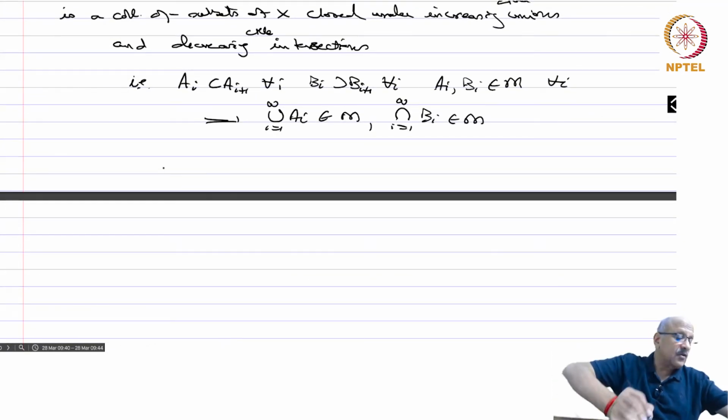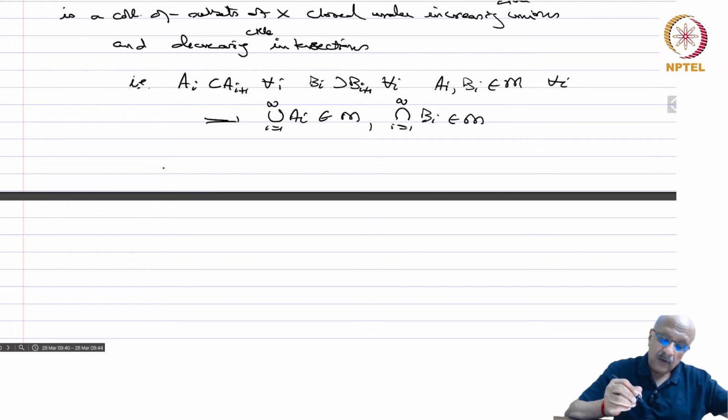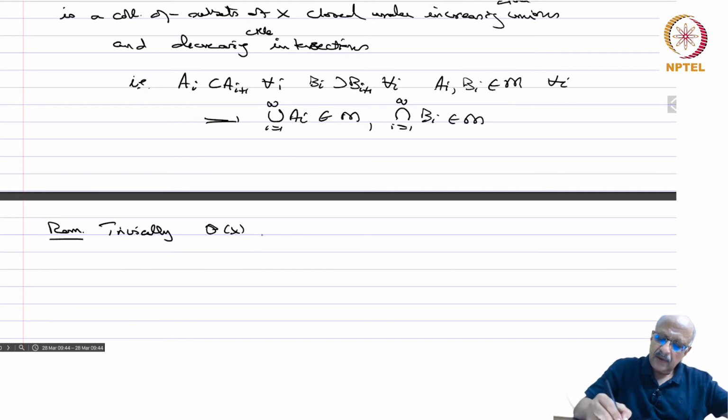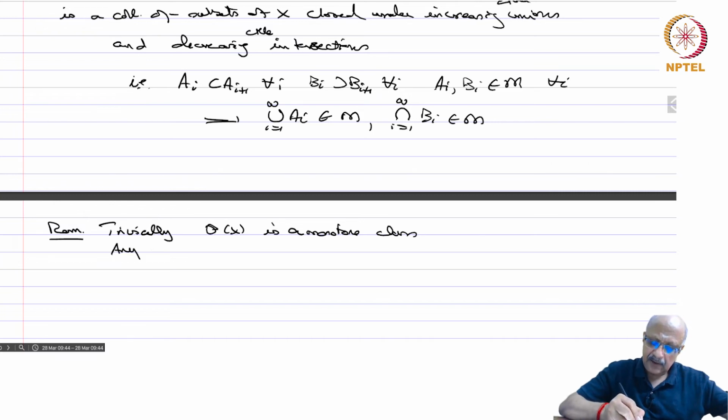So such a set is called a monotone class. So remark, trivially, P of X is a monotone class. Any sigma algebra or sigma ring is a monotone class.